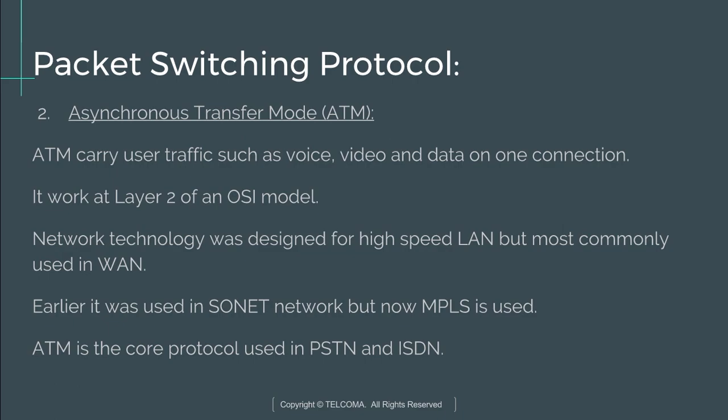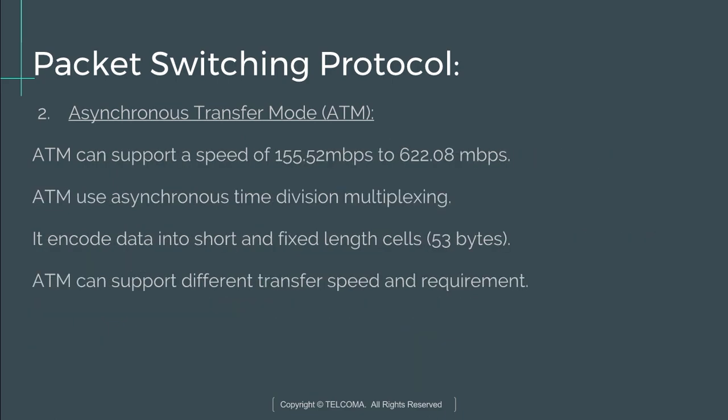ATM is the core protocol used in PSTN and ISDN networks, which are older technologies. The speeds supported by ATM are 155.52 Mbps to 622.08 Mbps, and it uses asynchronous time division multiplexing.